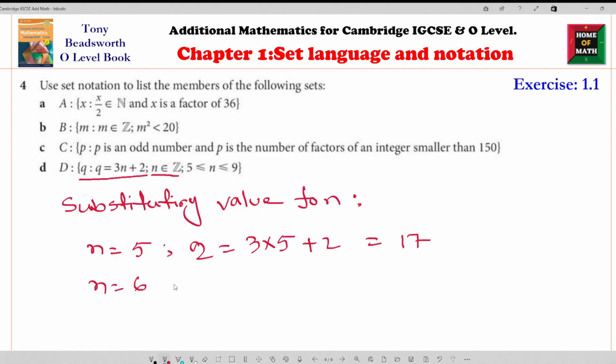N equals 6, so Q equals 3 times 6 plus 2, it means 18 plus 2, 20, right?